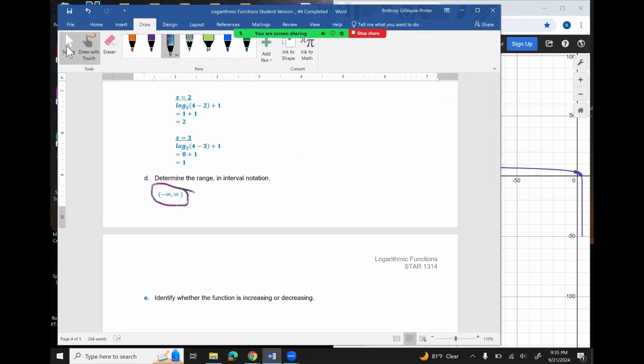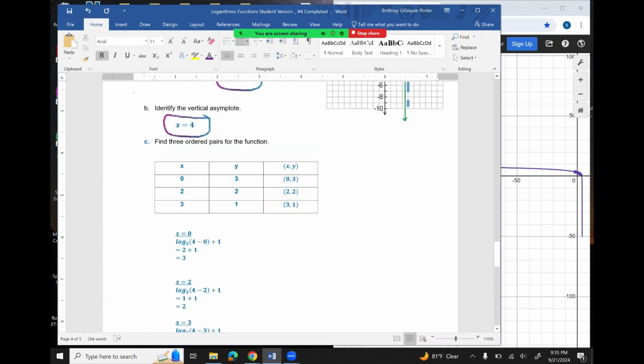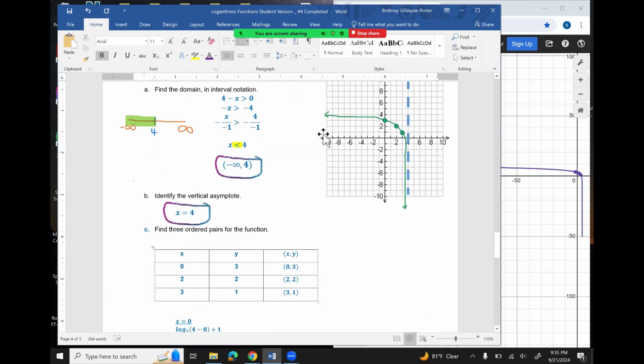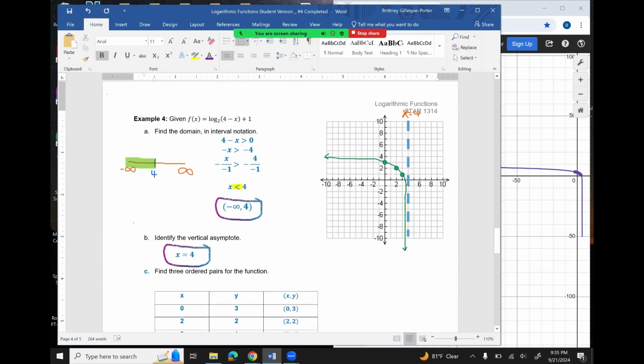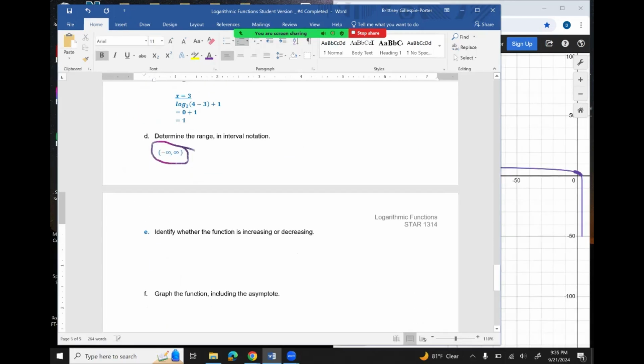Okay. Our next step, we need to determine whether our function is increasing or decreasing. And if we look at our graph, scrolling up, remember we read from left to right. If we follow our graph from left to right, we are going down. Since we are going down from left to right, that means that we are decreasing.